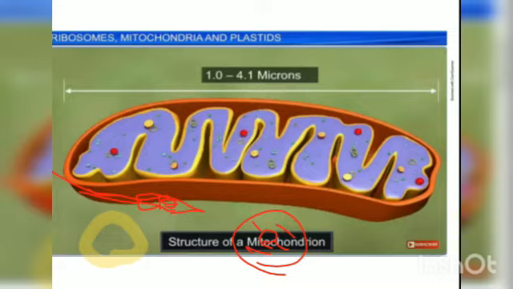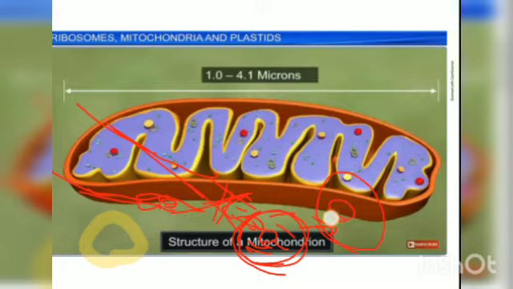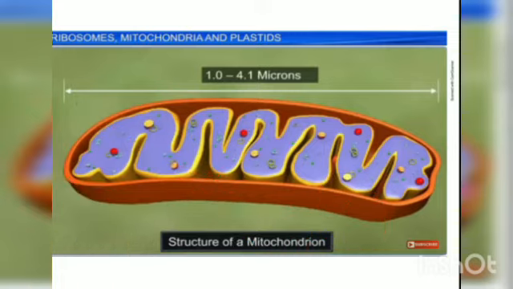When the sperm enters the egg, only the head part remains inside, and the rest of the part is cut off and remains outside of the cell. So the mitochondria present at the tail region of the sperm remain outside of the fertilized cell, or zygote, so all the mitochondrial DNA present in the zygotic cell comes from the egg cell. So ultimately the DNA present in mitochondria is inherited from the mother cell. Okay, this one is the information.